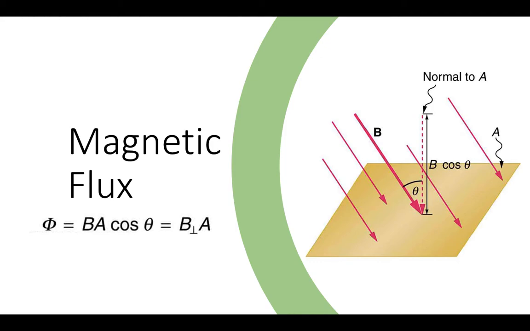So if you look at the image on the right side of the screen, the theta is the difference between your magnetic field being directly perpendicular and how much it is offset by. Okay, and that is our magnetic flux.